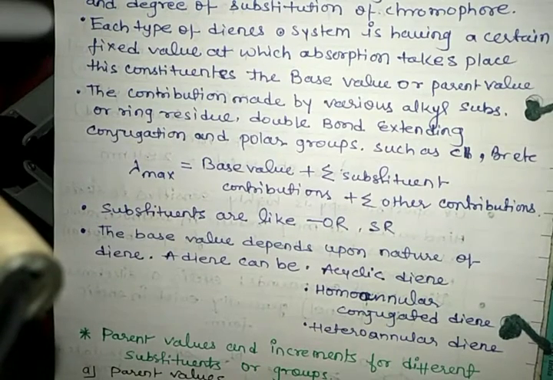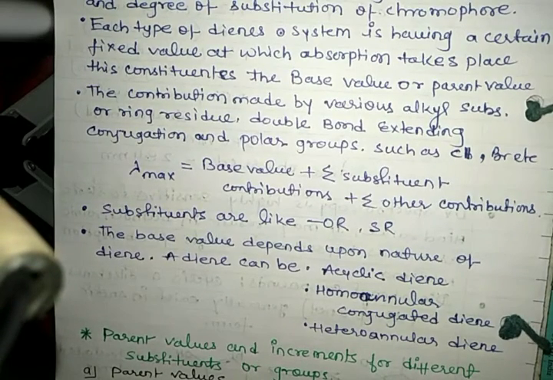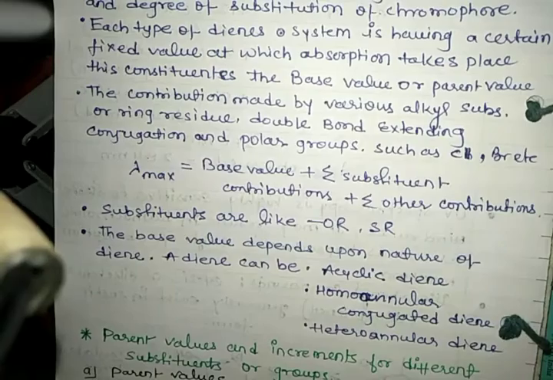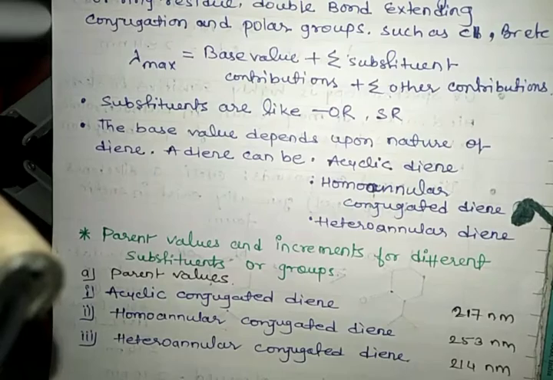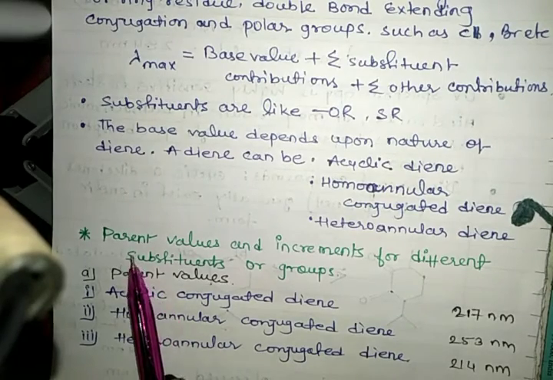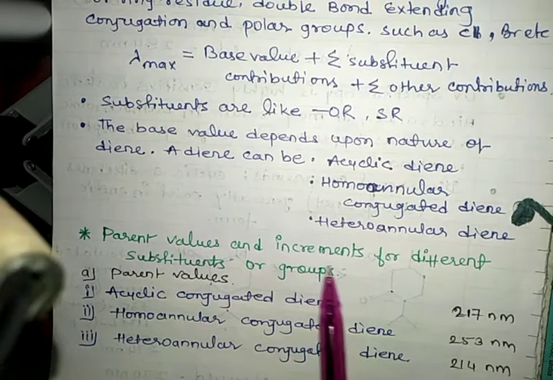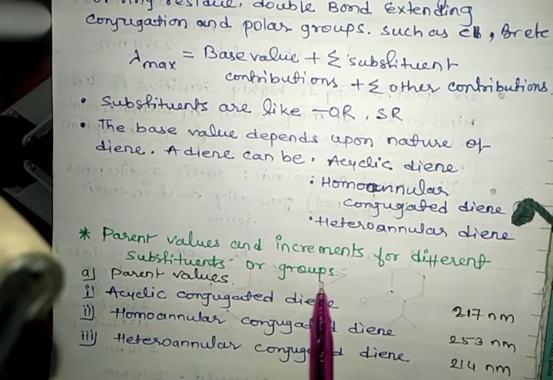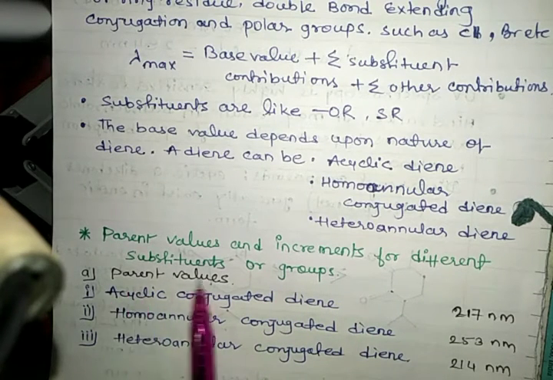Next we see how to calculate lambda max, or observed lambda max, and the different values. Here we see different parent values and increments for different substituents or groups. First we see parent values.